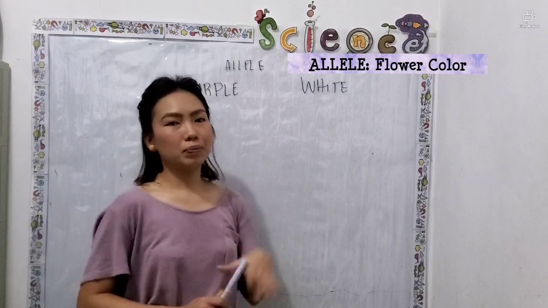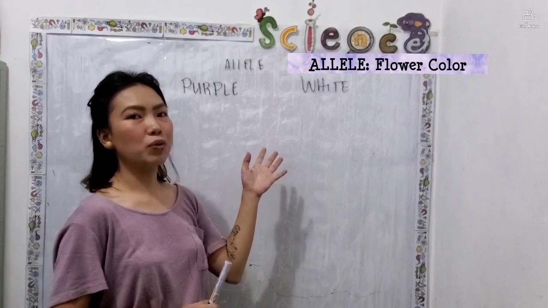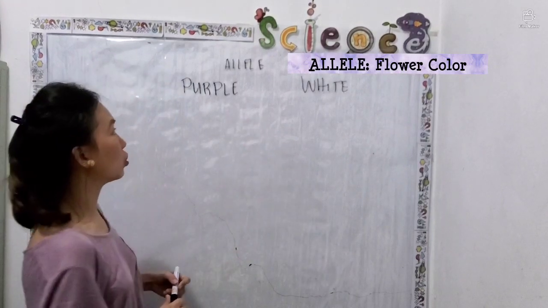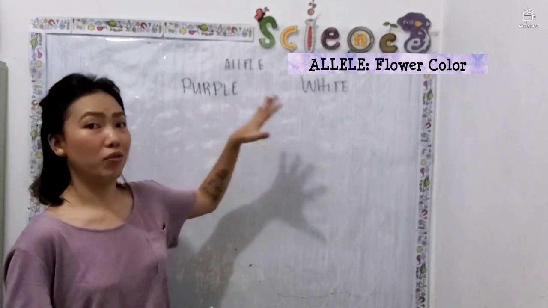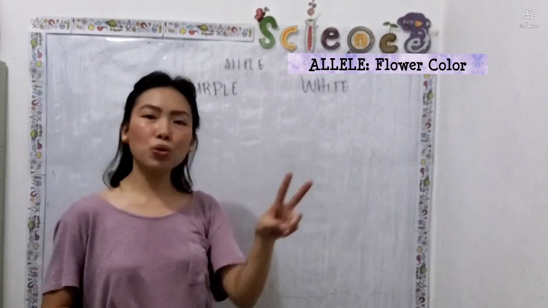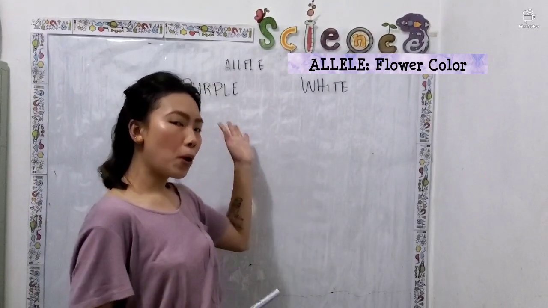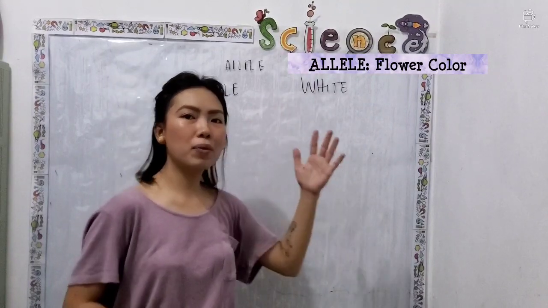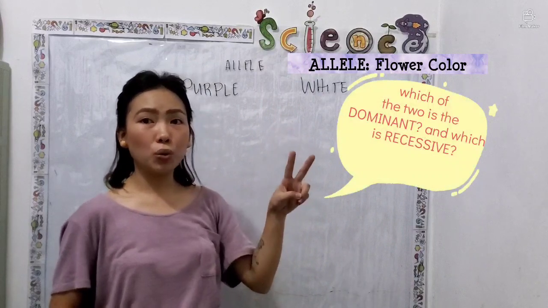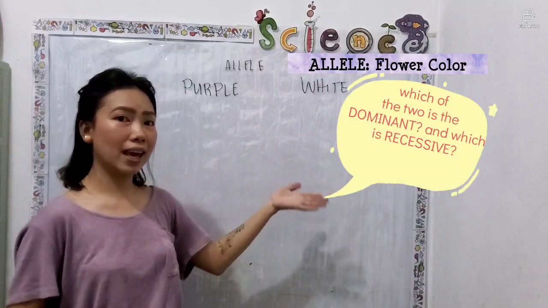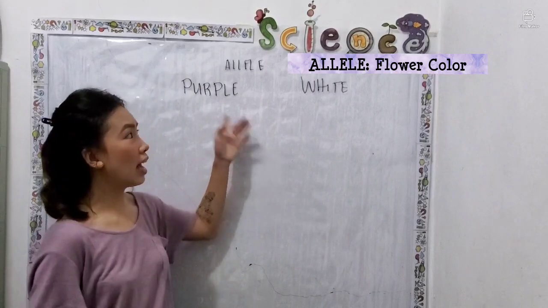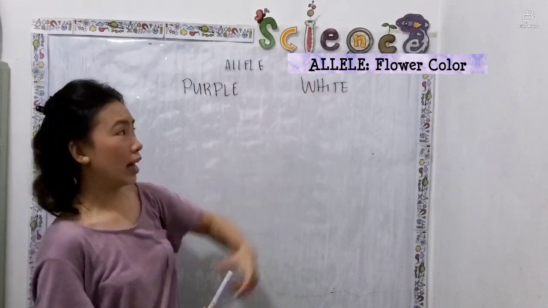When we say monohybrid cross, we will only focus on one characteristic or one allele, and we are referring to the color of the flower. So for example, we have two colors of the flower, purple and white. In these two colors, dapat malaman muna natin which of the two is the dominant and the recessive. The dominant one will be the purple and the recessive will be the white.